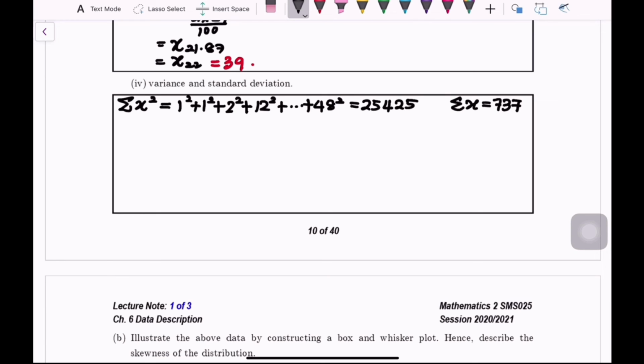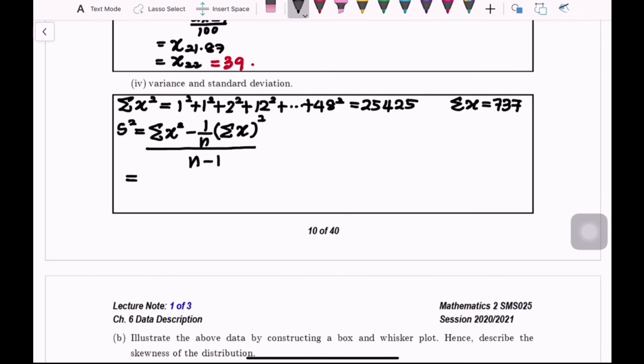The formula for variance, symbol s squared, is equal to the sum of x squared minus 1 over n times (sum of x) squared, all over n minus 1.